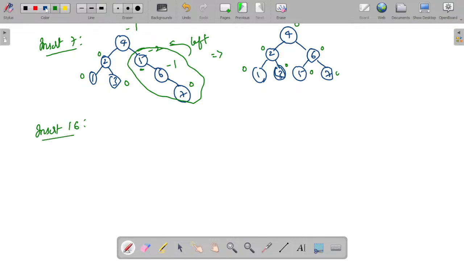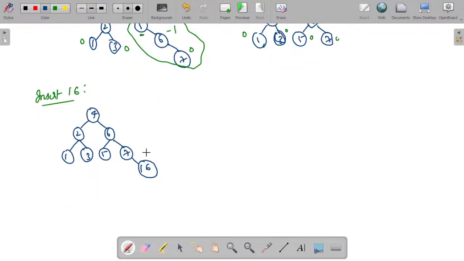First we should consider the present tree, which is this tree: 4, 2, 6, 5, 7, 1 and 3. So now we are asked to insert 16. Where will 16 be inserted? At this position. Now we will compute the balance factors.